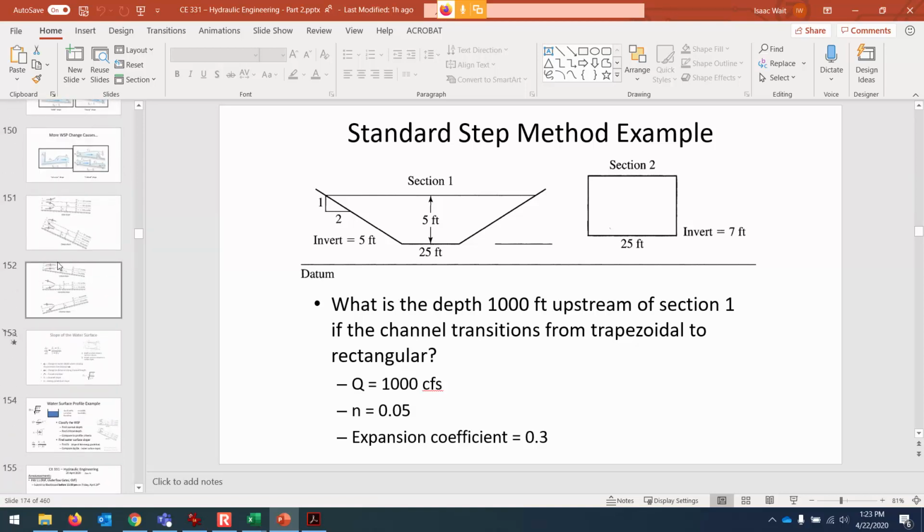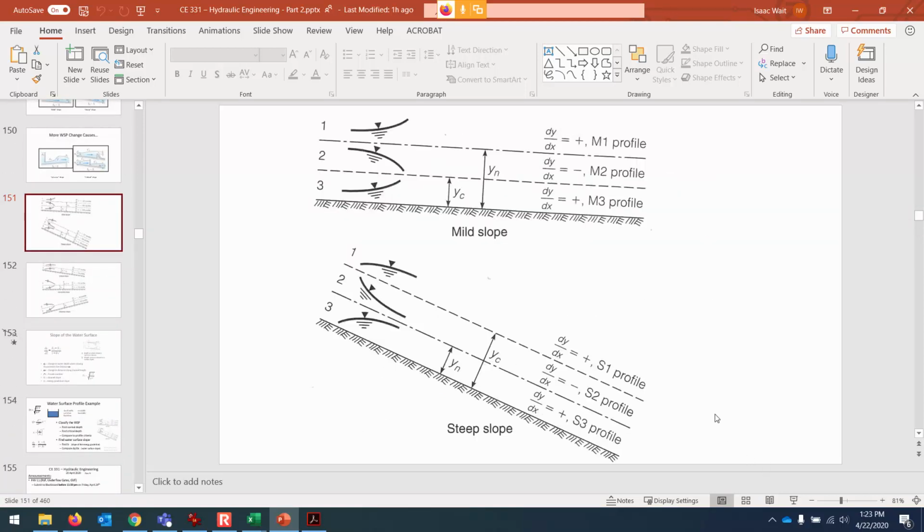Let's go back to that. Okay, here we are. An M2 profile is mild when normal is more than critical, and zone 2 is when the flow depth at that location is in between those two bounds. An M2 profile is getting deeper upstream.